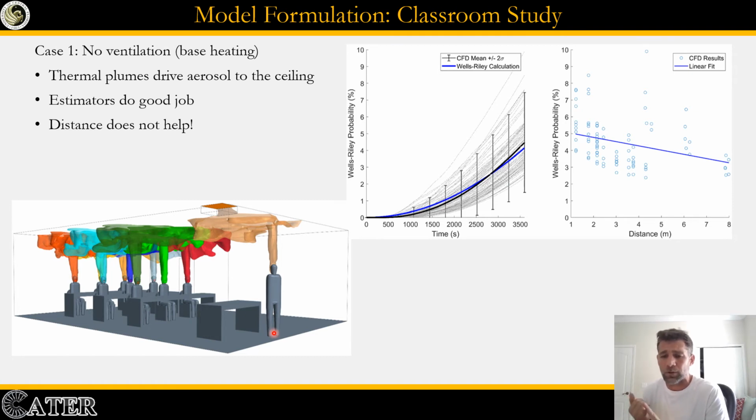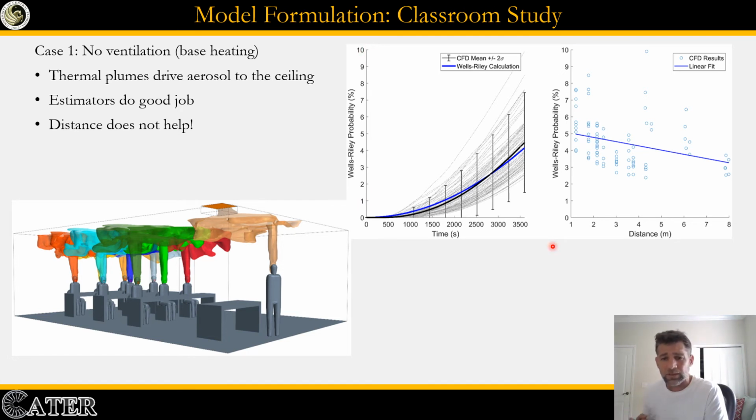And they compute probability using something called the Wells-Riley probability. If you have interest, there are a few online estimators that could provide this, and anybody can use it just by inputting a few different arguments, like what their room size is and these sorts of things.